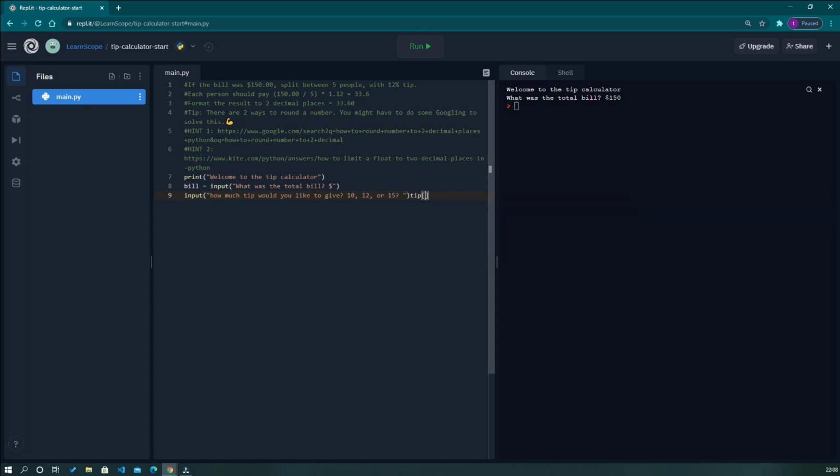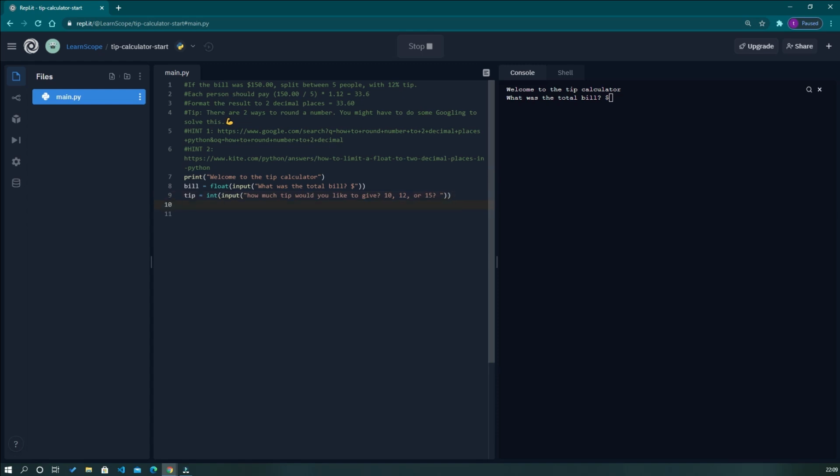Call this tip. Sorry, need to put that at the front. Yeah, tip equals how much would you like to give? Okay, the bill will be what data type? It has a decimal place, so float. Tip is a whole number, so I will leave that as an int.